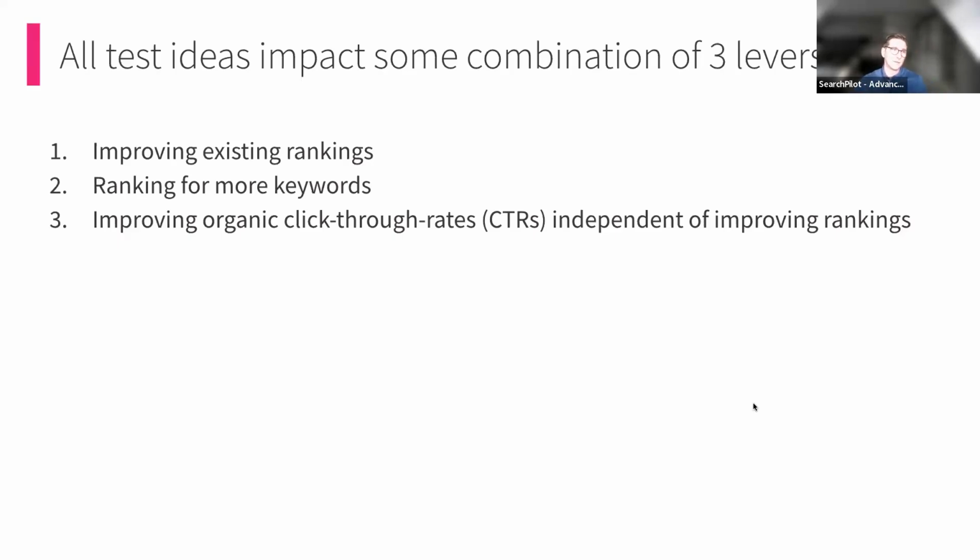So maybe you have a section of your site that currently ranks for 1,000 keywords and you're trying to get those to rank for 10,000 keywords. And then last is improving click-through rates. You can have very successful tests even when your rankings don't increase, because if twice as many people click on your result, then of course that's going to result in more organic traffic.